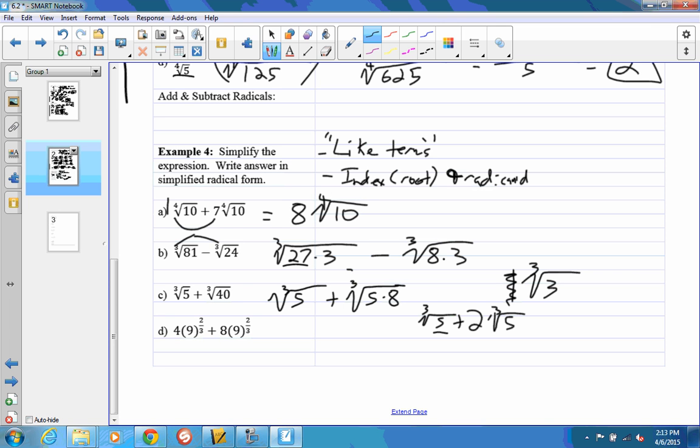Yeah, they're both 5. Okay. Are my indices the same? So what do I do with these? Add them. To what? 3 cube roots of 5. All it's asking me is how many cube roots of 5 are there. I know I've got 1 here and 2 here, so there are 3.